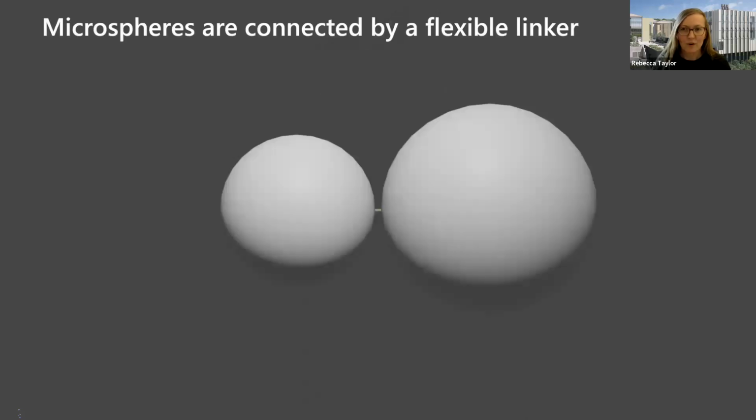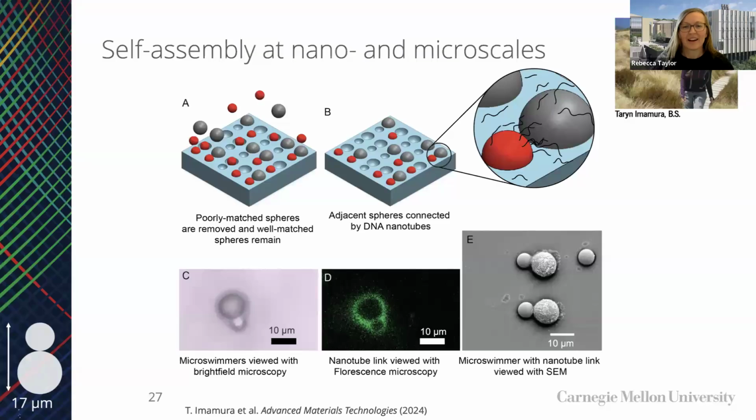Okay. And what we've been trying to figure out in our lab is, how should we make these? So first and foremost for this one, we're going to draw on top-down approaches using lithographic approaches so that we can actually template the placement of these particles and use those templates to filter for the particle sizes that we want.